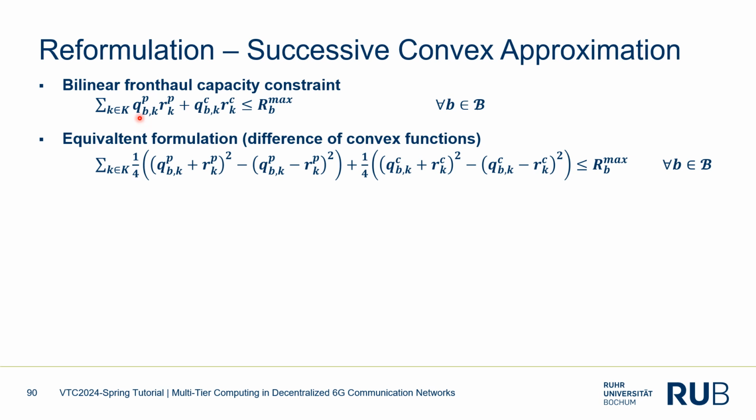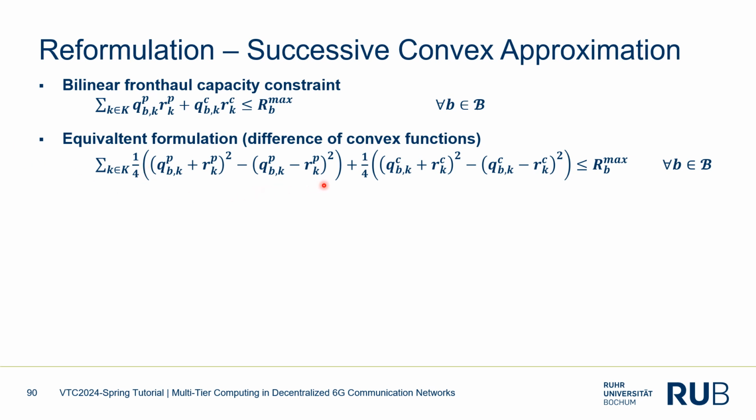We start by noticing that the formulation Q times R can be equally written as (Q plus R) squared minus (Q minus R) squared, and then we have 1 divided by 4 as a factor in front.